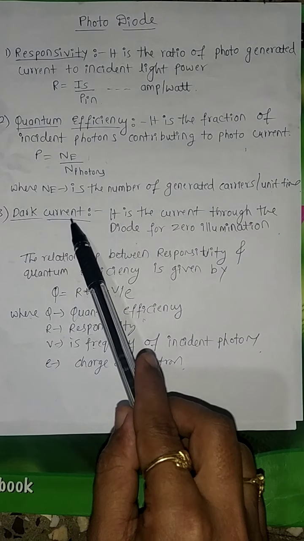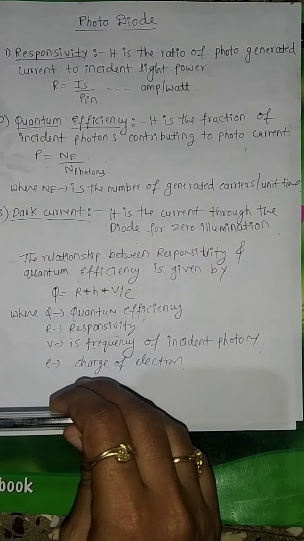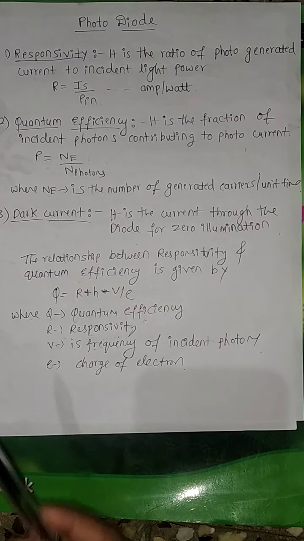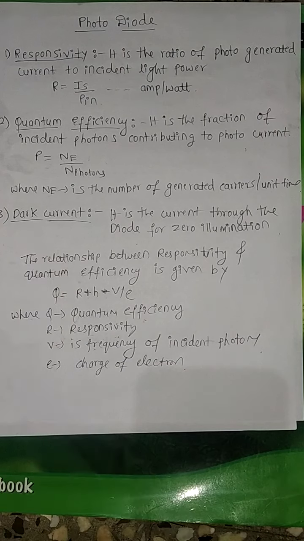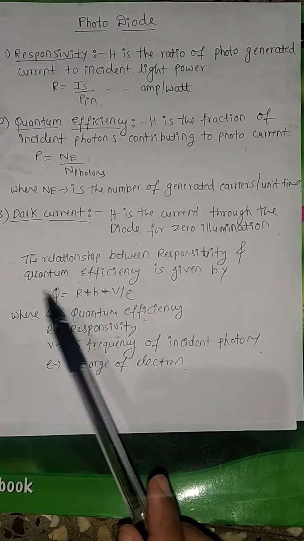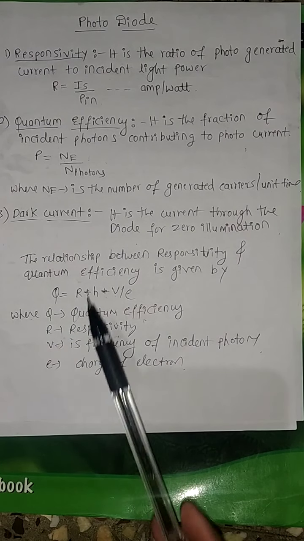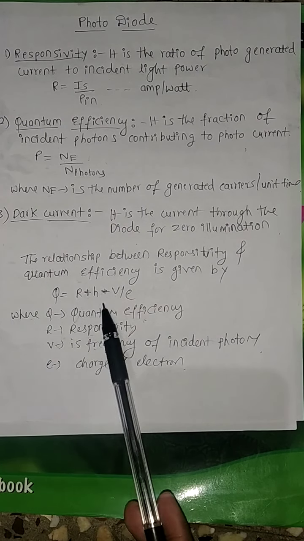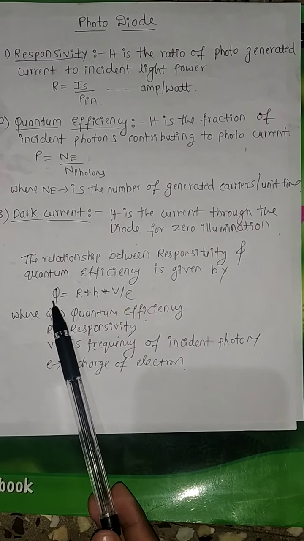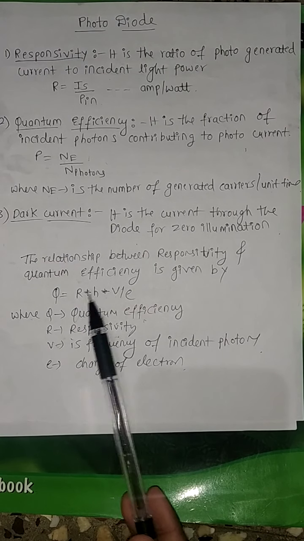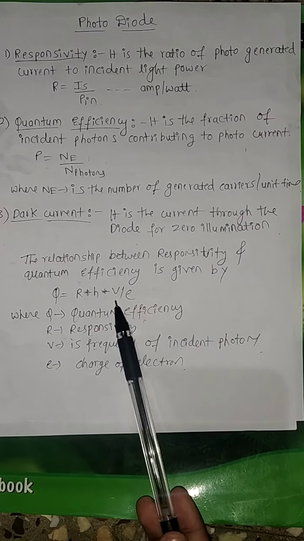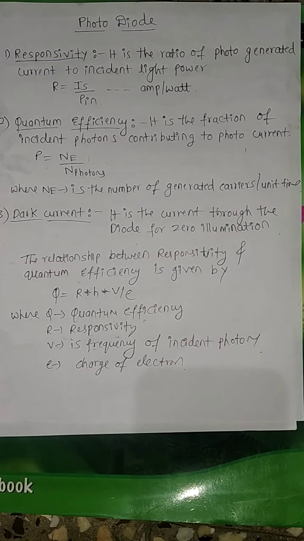And dark current is the current generated in the circuit even without giving any light. Here there is a relationship between quantum efficiency and responsivity, given by Q is equal to R into h into v divided by e, where Q is the quantum efficiency, R is the responsivity, h is Planck's constant, v is the frequency of incident photons, and e is the charge of the electron.